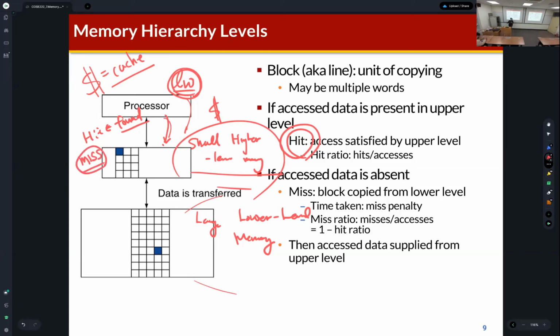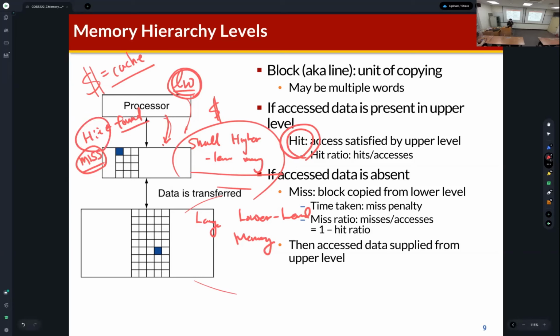So there are two events because we use the memory hierarchy. When the processor first accesses the higher level memory, the requested data can be found or not. If the requested data is found in the cache, we call this a hit.